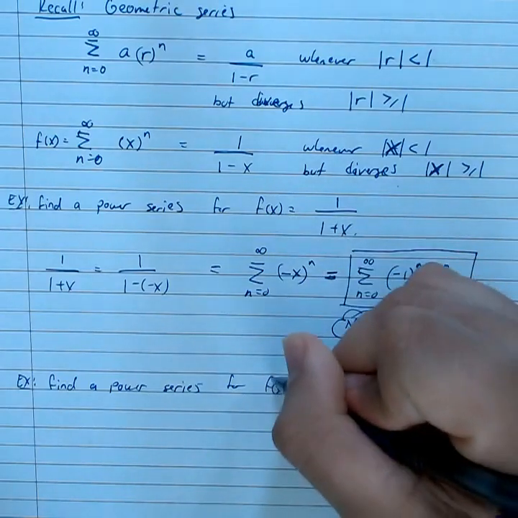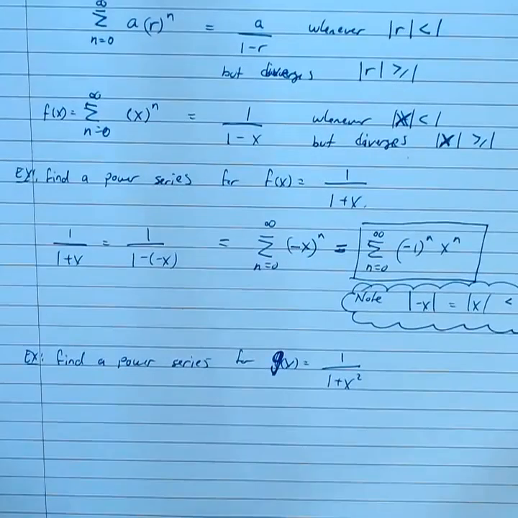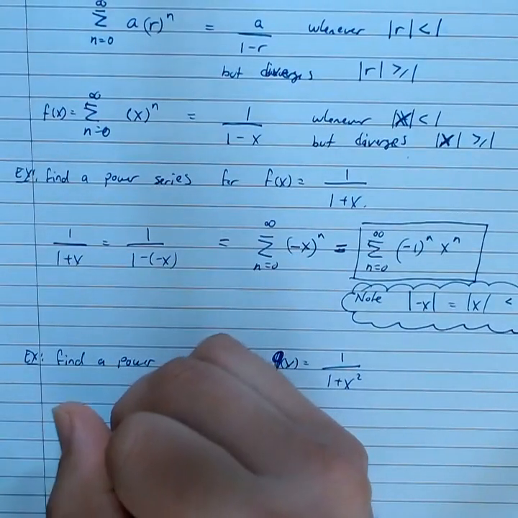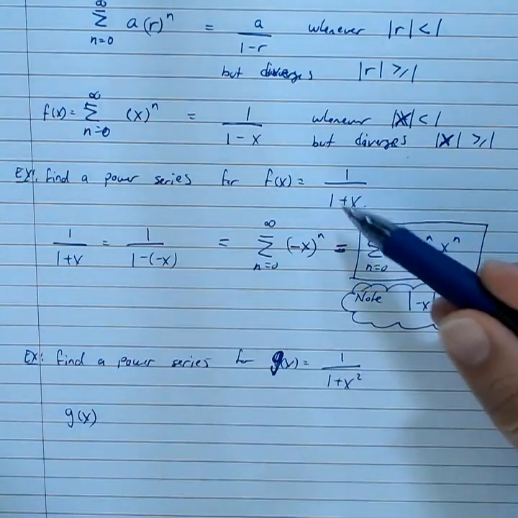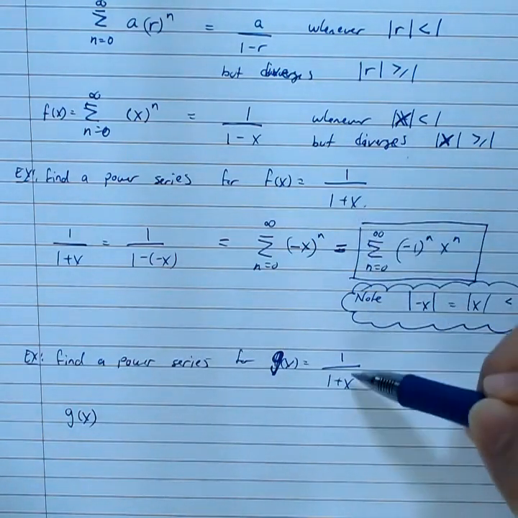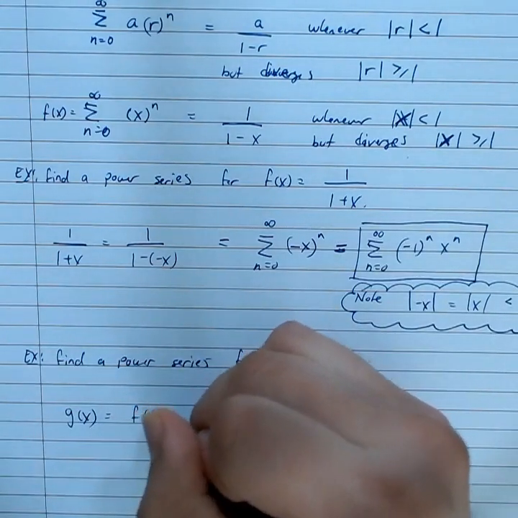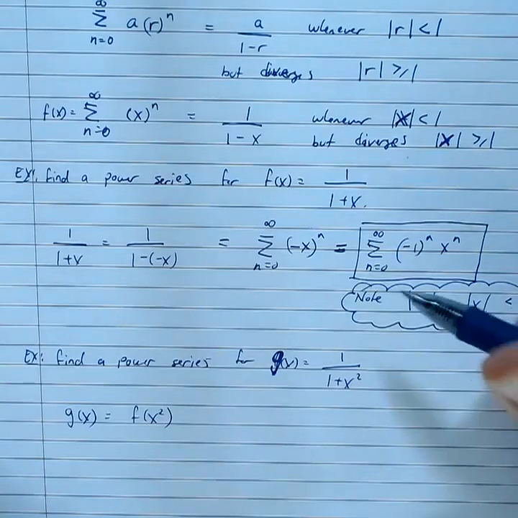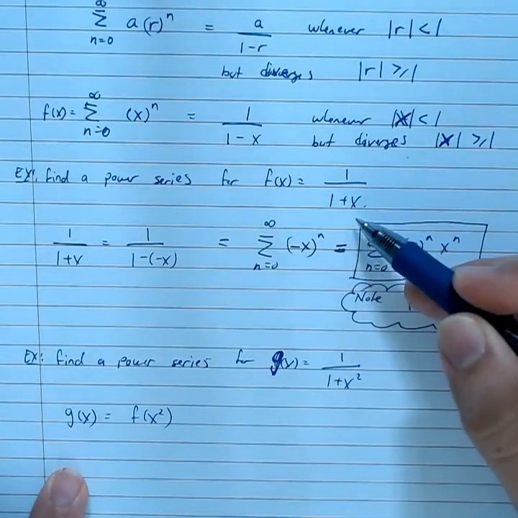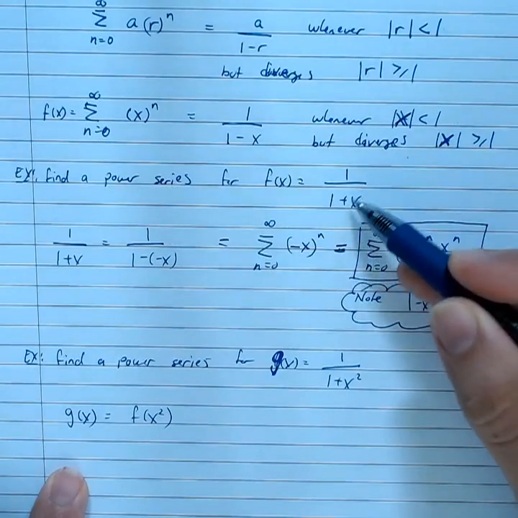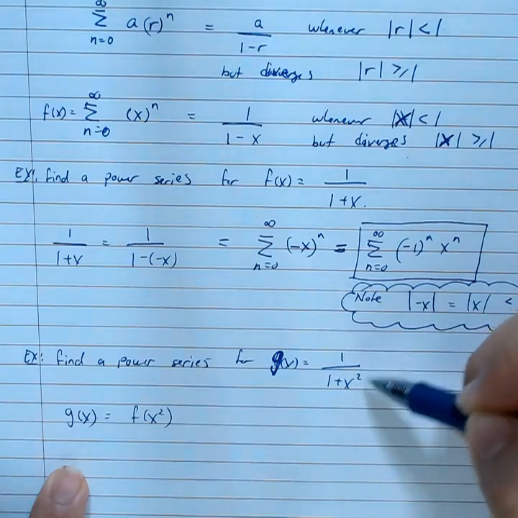Let's call this one g, just for the sake of my notation here. So I want to find g of x. Notice g of x is the same as f of x, but instead of an x here, I have an x squared. So that's going to be f of x squared. This g of x is the same as this f of x, but instead of an x here, I replace that x with an x squared.